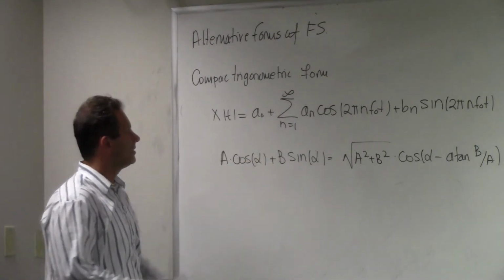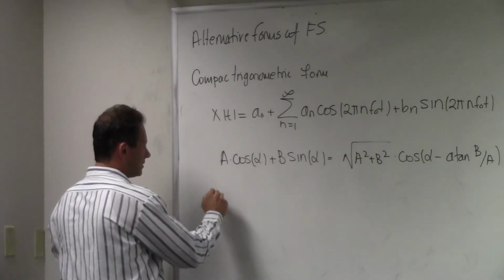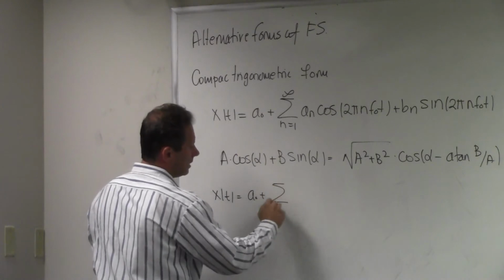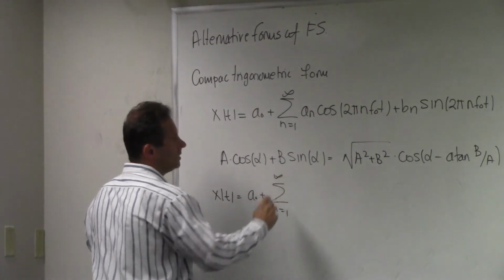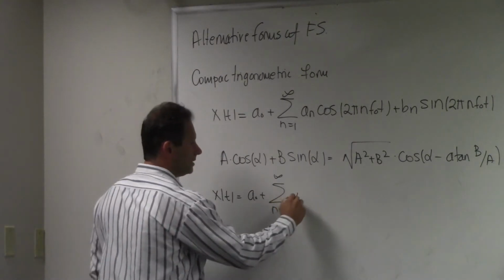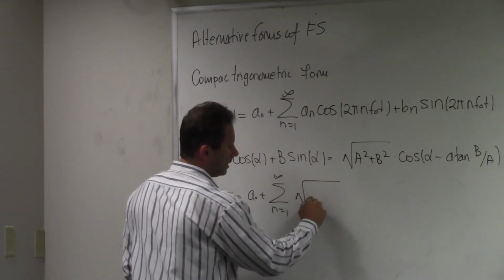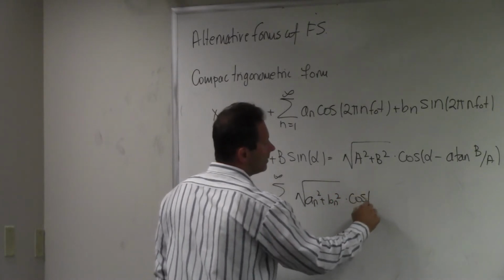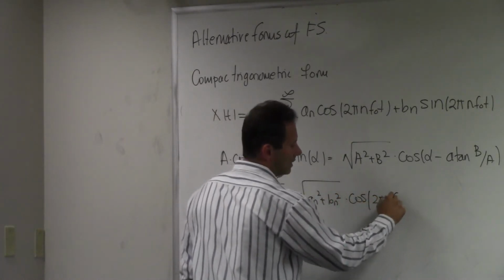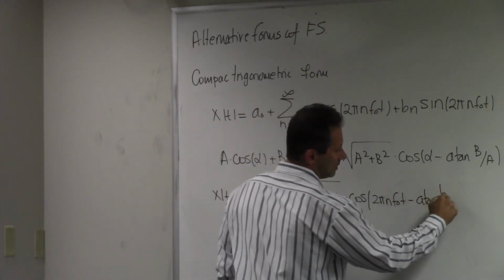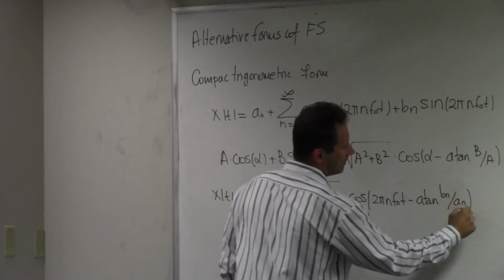So if I use this here, then I can rewrite my x of t as A0 plus the sum, n goes from 1 to infinity. And you notice that these two have the same argument, so I can rewrite this as the square root of an squared plus bn squared times cosine of 2 pi n f0 t minus arctangent bn over an.